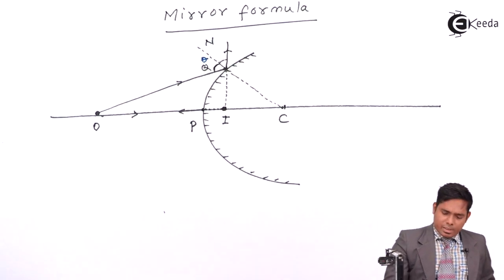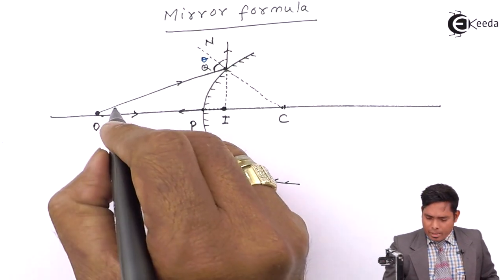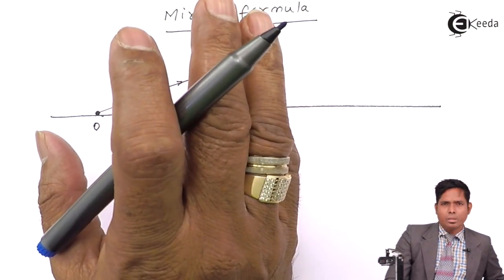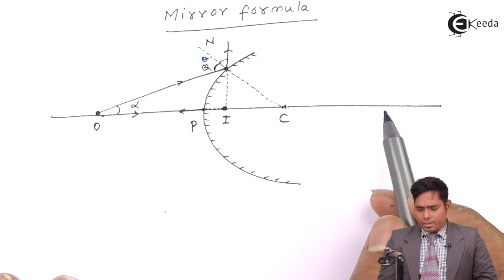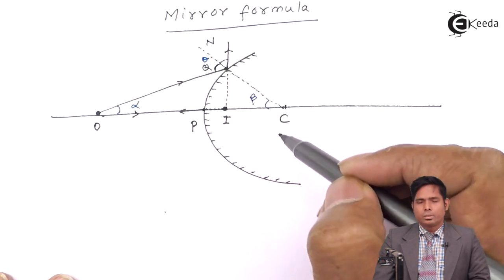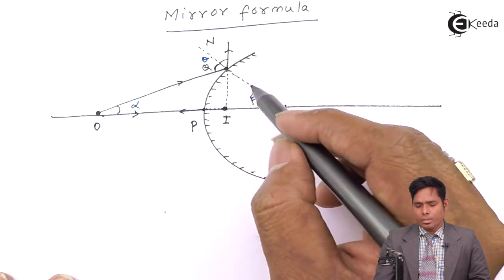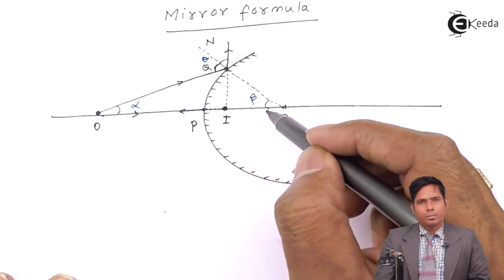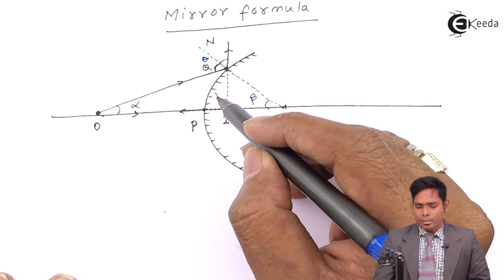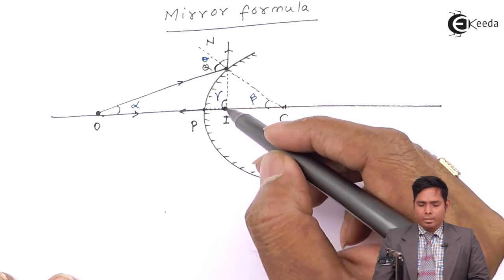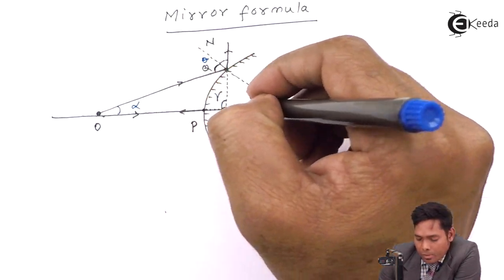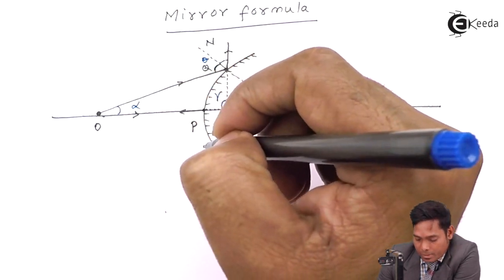Now, as usual, we'll consider that the angles are alpha, beta, and gamma. So this is your alpha. Alpha is the angle that the ray makes with the x-axis, or the principal axis, and beta is the angle made by the center of curvature line, that is the normal, with the principal axis, and gamma is the angle made by this reflected ray with the principal axis.